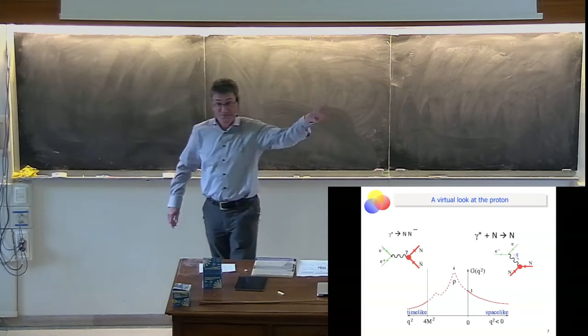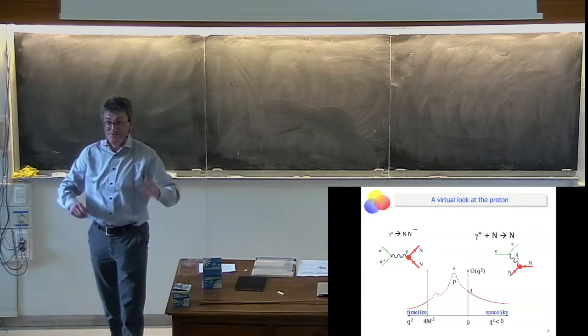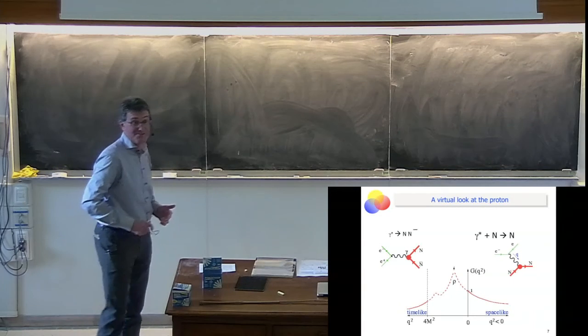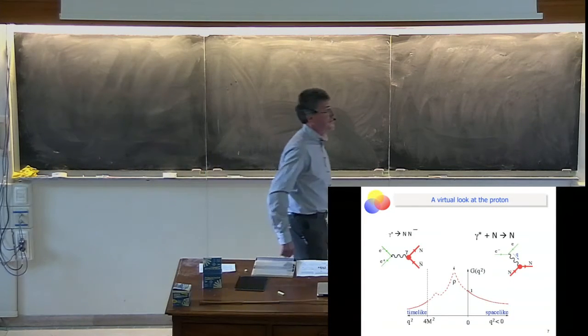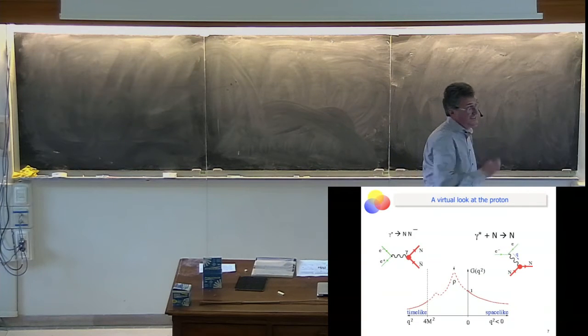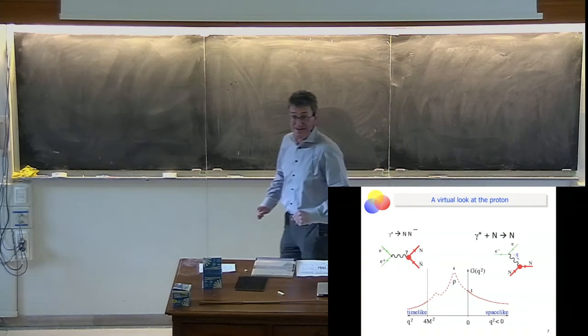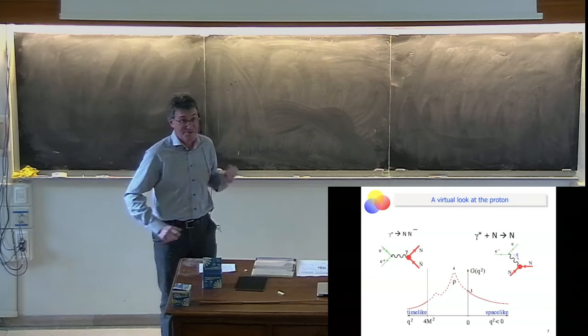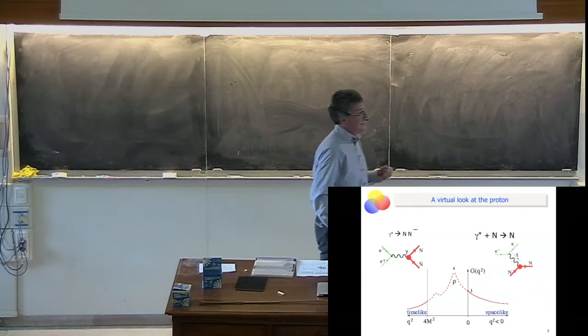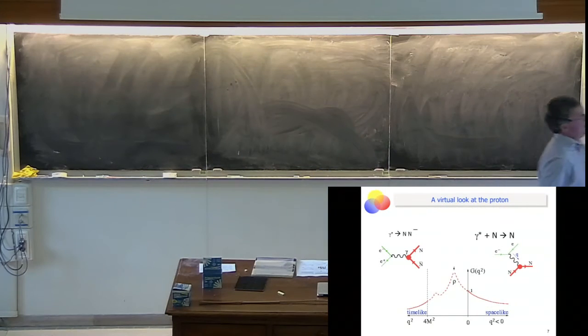Now, that's what I called real looks at the proton, where you see something explicit. And then the nice thing is that you can also have what is a virtual look at the proton, as I call it. And then your photon is produced either with a pair or it is exchanged from an electron.